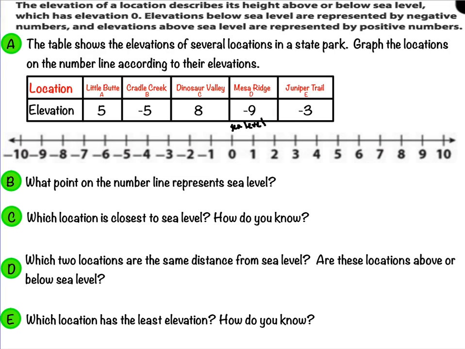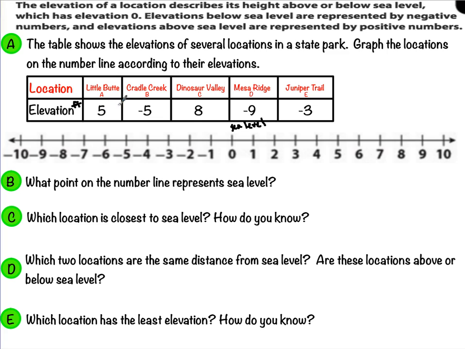Okay, and it's important to remember that the elevation in this case is in feet. I know you have it, I just need to mark it on here. So now what we're going to do is look and say, all right, if I am at Little Butte, I am at an elevation of 5 feet. And I'm actually going to use my blue pencil for Little Butte.